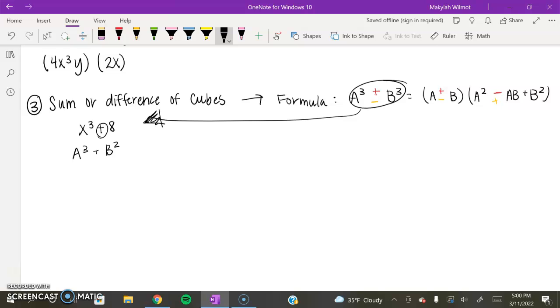So if a cubed equals x cubed, I'm sorry, I keep saying squared, it's cubed, then a equals x, okay? Now, what is the cube root of 8? Well, 2 times 2 times 2 equals 8.